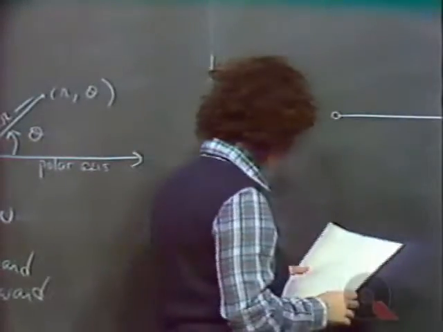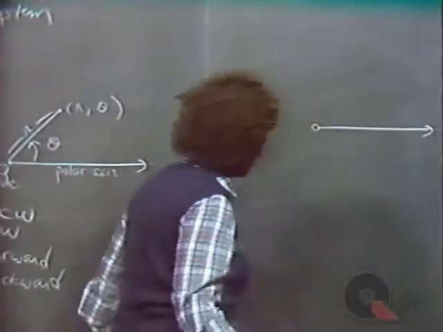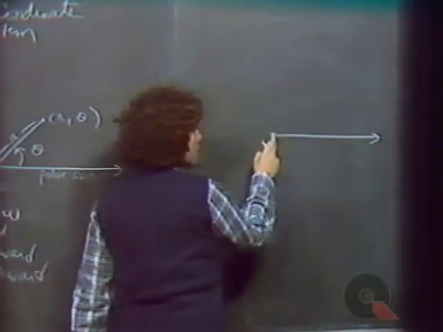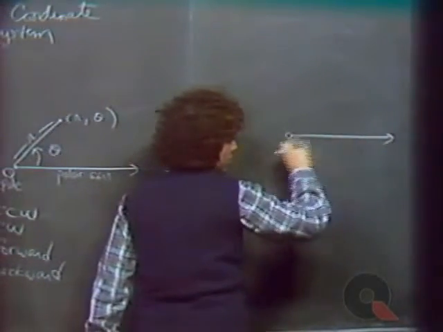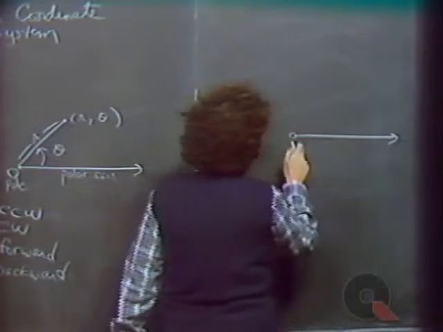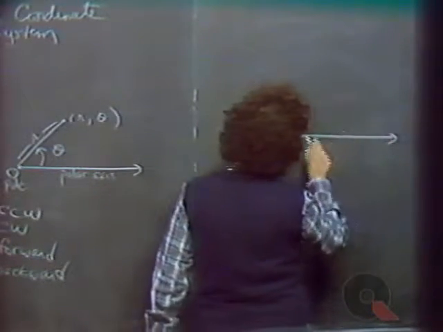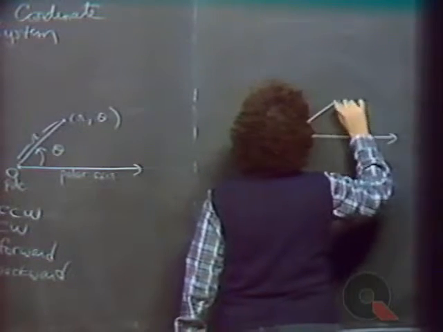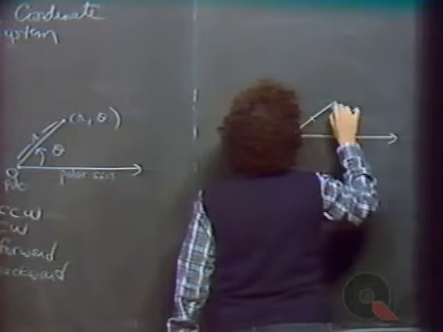Let's say he gets the point 2, 30 degrees on his sheet of paper, and he wants to walk there. He is standing here, remember, facing out. The direction he is facing in is along the polar axis. 30 degrees tells him to rotate himself 30 degrees. Say this is a 30-degree angle. And then to walk forward 2 units.